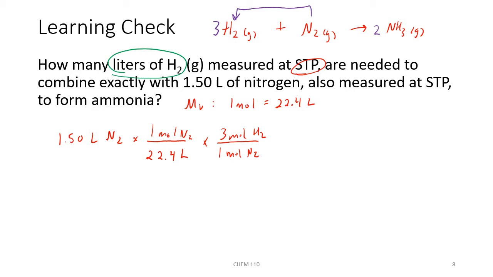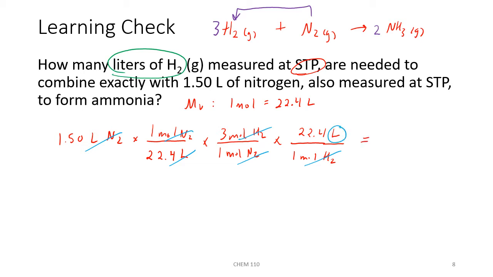So since we're at standard temperature and pressure, we can say that 1 mole of hydrogen gas will occupy 22.4 liters of space. That'll be its volume. Notice that our liters of nitrogen will cancel, our moles of nitrogen will cancel, our moles of hydrogen will cancel, and we'll be left in liters.